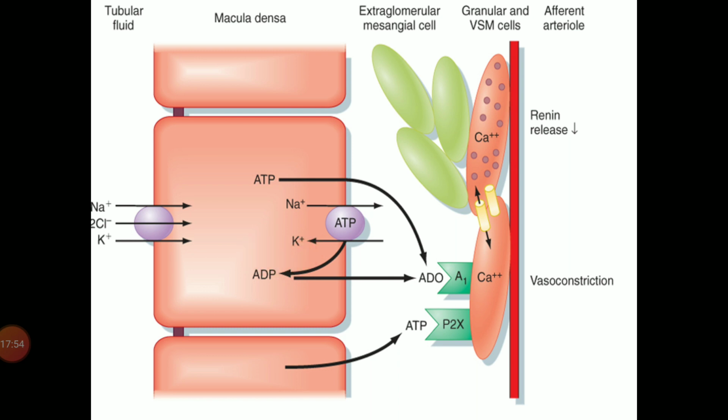Okay, and another feature present in this macula densa cell is that on its basolateral side there are channels. This arrow portion is basically a region where there is the presence of a channel. And when we are talking about channels, we know that channels are associated with simple diffusion. The channels can be ligand gated, voltage gated or mechanosensitive channels, right?